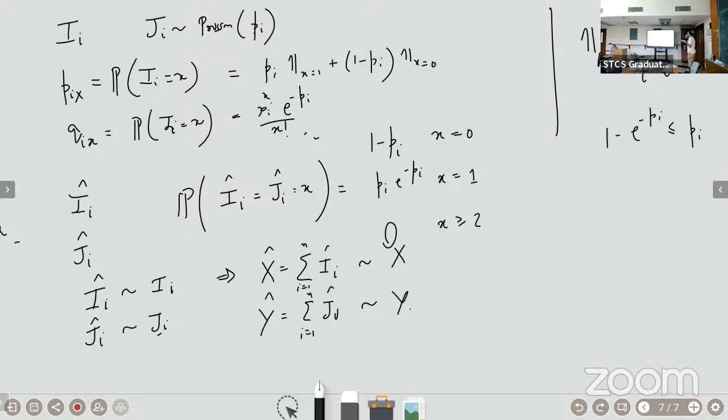Do I need independence of I's and J's or not? I need it. I've chosen I hat and J hat using this. When I'm going from here to here, I need to make sure that these are independent of each other. Then only will this distribution match x.